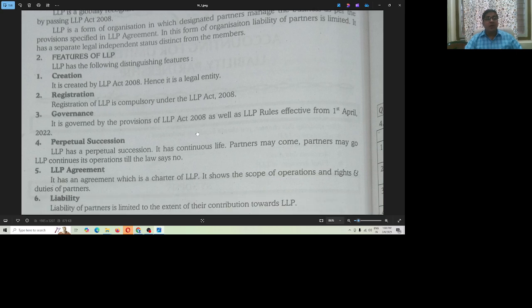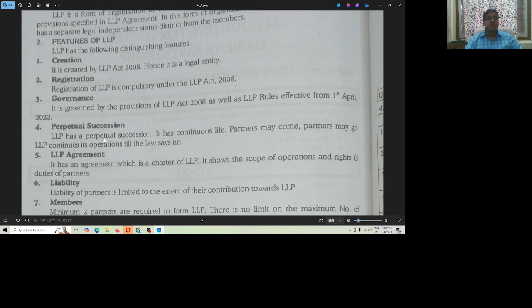Then LLP has a perpetual succession. What does perpetual succession mean? It has a continuous life. It has a long, continuous, stable, constant life. Partners may come and go, but LLP continues its operation till the law says no. It means the partnership form LLP has a separate entity.